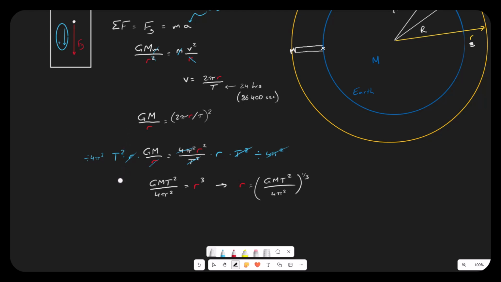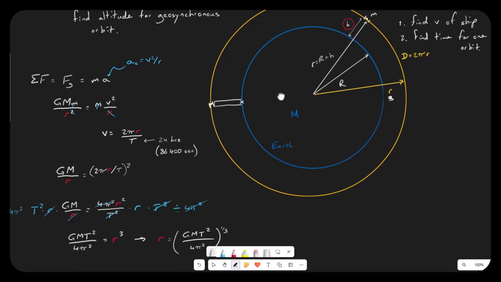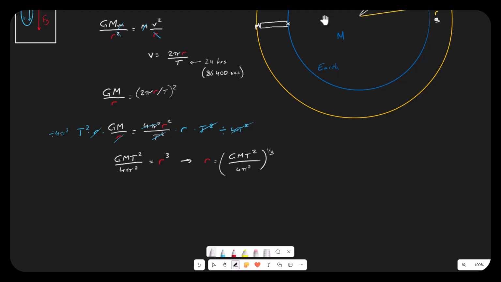Still not quite the value that I'm looking for. Remembering all the way back to the beginning, what I was looking for was that h. I need to find what my h is. From here, I can say my height, the altitude, the distance above the surface that the satellite needs to be, is going to be G M T squared over 4 pi squared, all to the 1/3 power minus the radius of the planet.